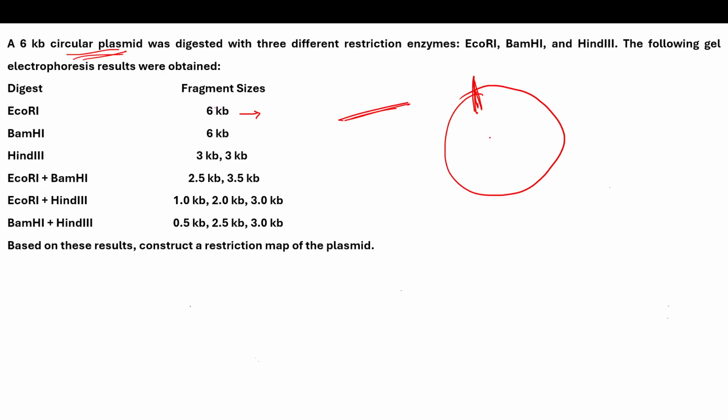However, if a particular enzyme has two recognition sites, then there will be two fragments. Two restriction sites will give two fragments of the circular plasmid, whereas one restriction site will give a single digested fragment.